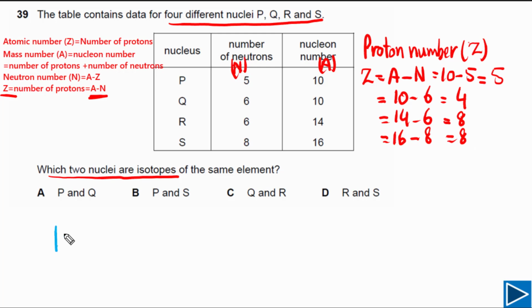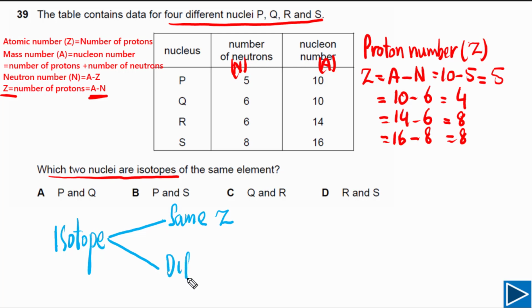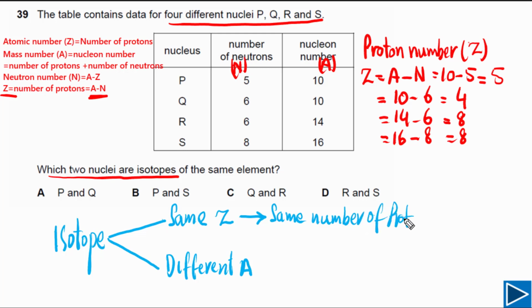Let's try to understand isotopes. Isotopes are atoms of the same element with the same atomic number, so we can simply write same Z, but they have different mass numbers, meaning different A. If they have the same atomic number, it also means they have the same number of protons, but they will have different numbers of neutrons.